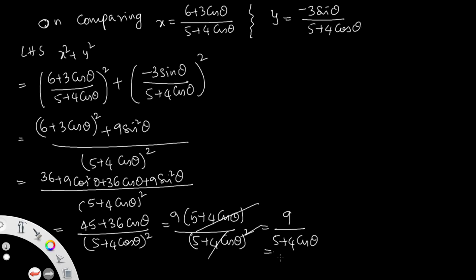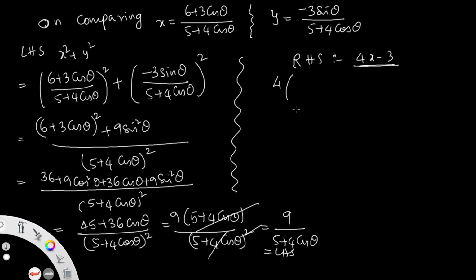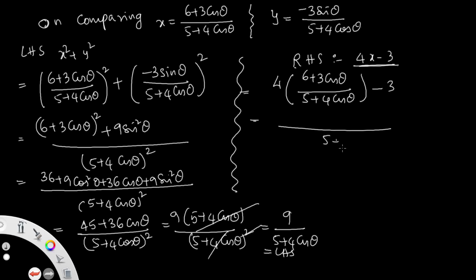Now similarly I am doing the RHS. In the question RHS means 4x − 3, that is 4 times the real part x: 4(6 + 3 cos θ)/(5 + 4 cos θ) − 3. Taking the LCM 5 + 4 cos θ, that is 24 + 12 cos θ minus, multiplying this, 15 − 12 cos θ. The 12 cos θ terms cancel.